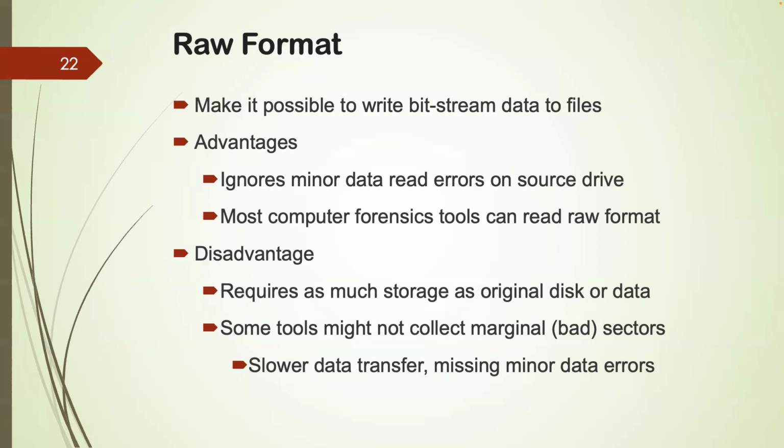So if there are sector errors or other issues with some sectors of the hard drive, you will not be able to note those bad sectors when you store the data in raw format. The other thing is the time it will take. Since it's a bit-by-bit copy, it will take a lot of time to copy the data in raw format.